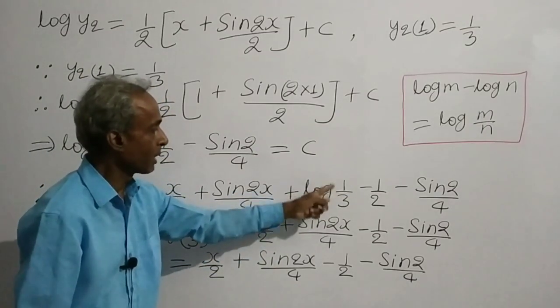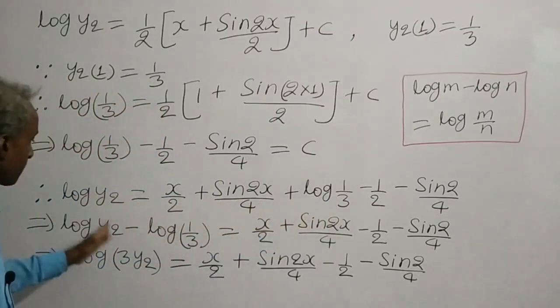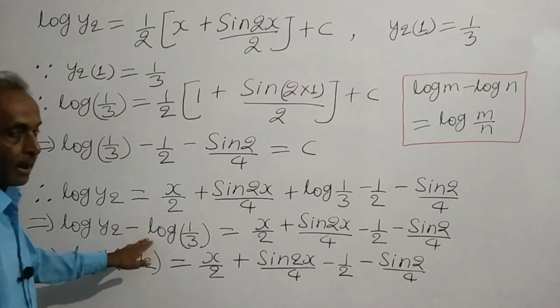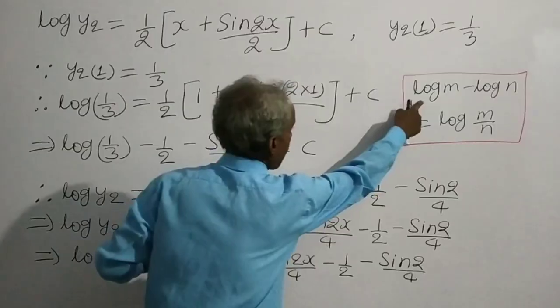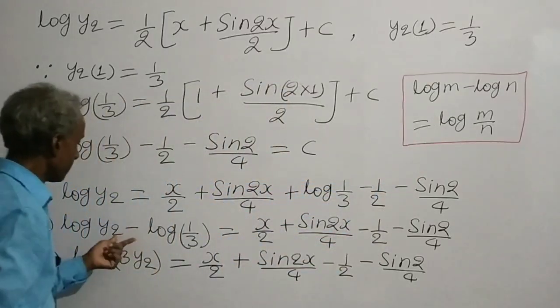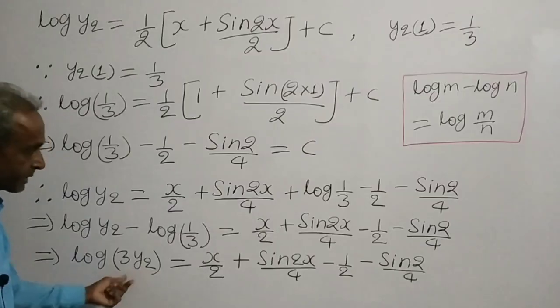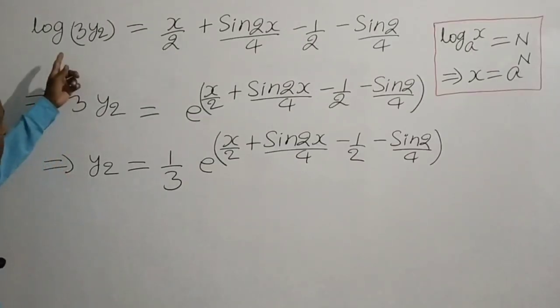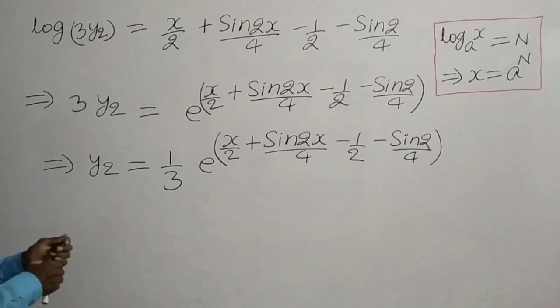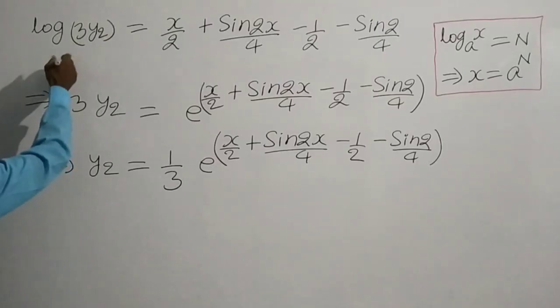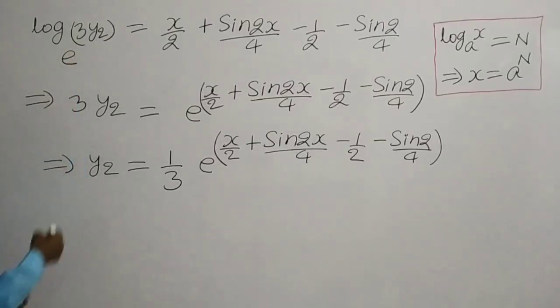Shift log 1 by 3 on the left hand side. And after applying this formula, we can write this LHS as this. Here it is understood that base of this logarithm is e.